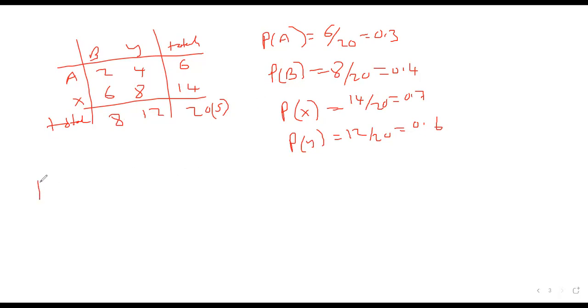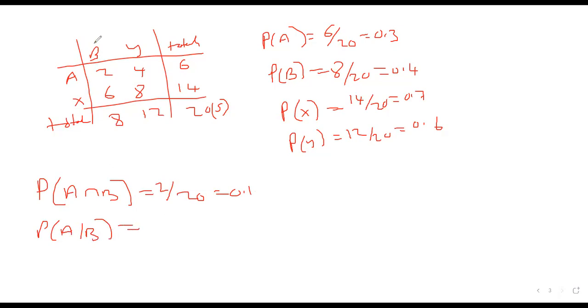In like manner, A intersection B, you go where A and B meet, they meet at 2. 2 out of the 20, which is 0.1. But if you're finding A given B, you still go where A and B meet, by drawing a plus here. They meet at 2.